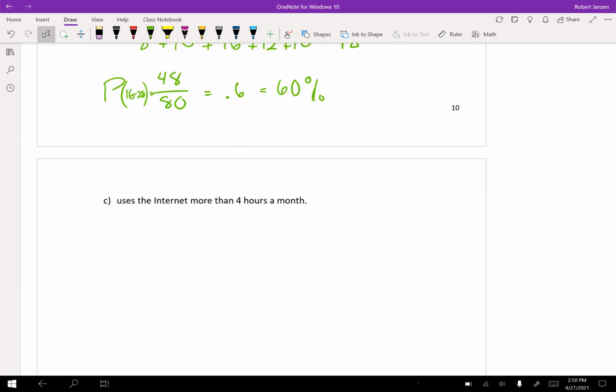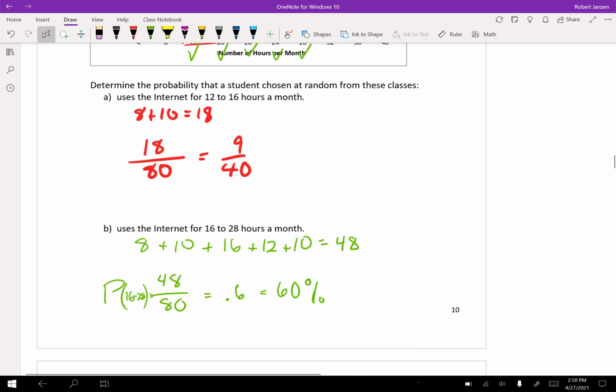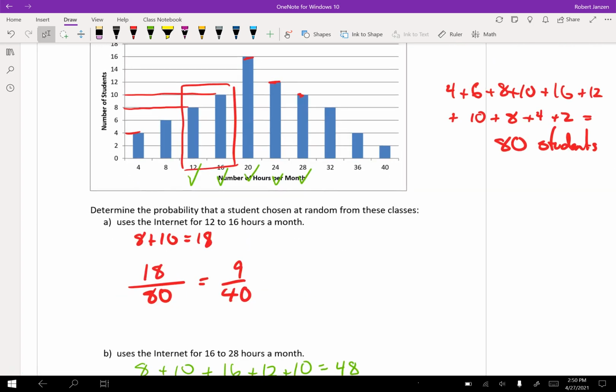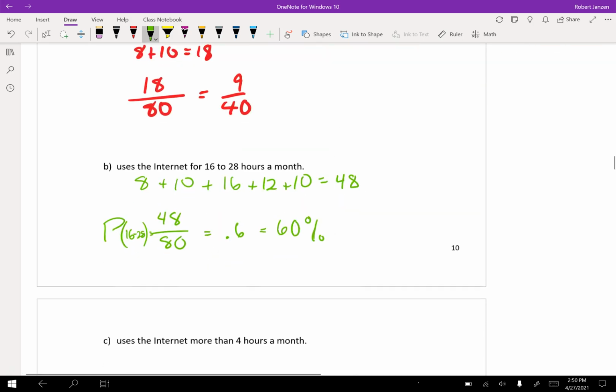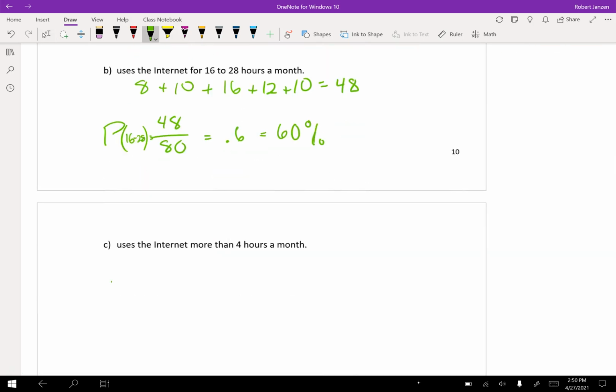C: uses the internet more than 4 hours a month. Here's 4 hours a month. Everybody else is more than 4 hours a month. So what is the probability of more than 4 hours per month? We know there's 80 total. How many of them use more than 4 hours?